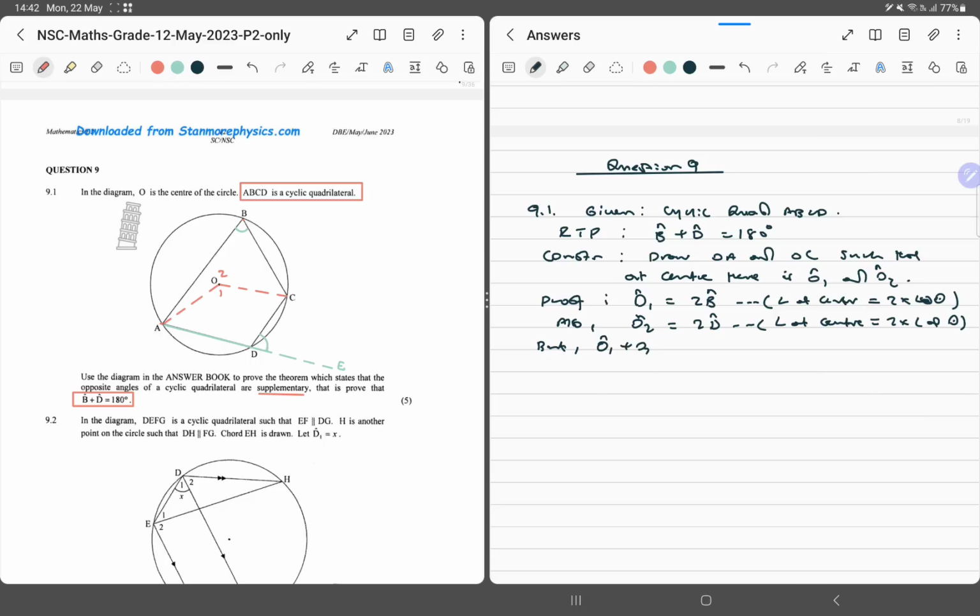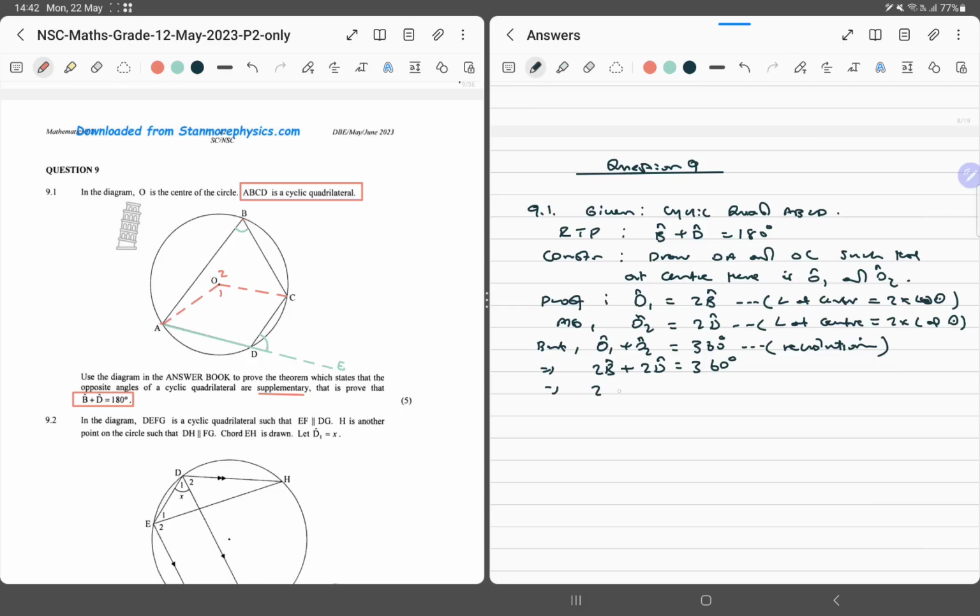But O1 plus O2 is equal to 360 degrees. This is the revolution. We can say angles at a point. So this implies O1 is twice angle B plus O2 is twice angle D equals 360.